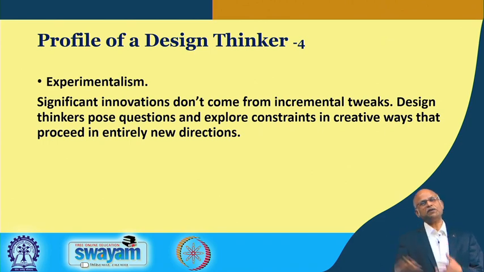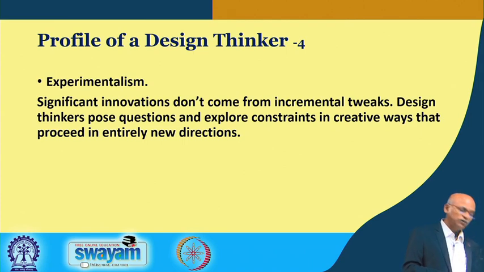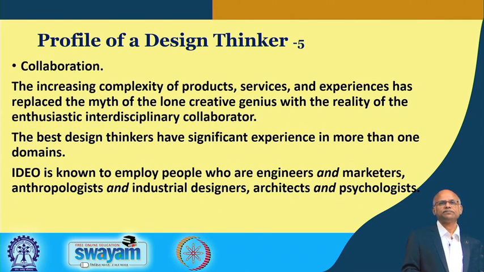Only after 3000 something prototypes, his final model emerged. So, that is the way experimentation is to be done, meaning one has to really follow this prototyping and testing again and again.